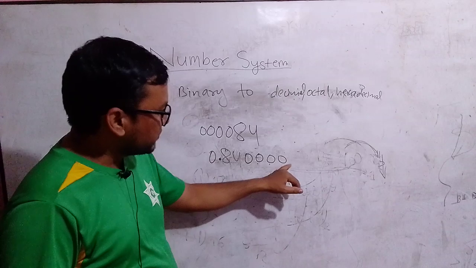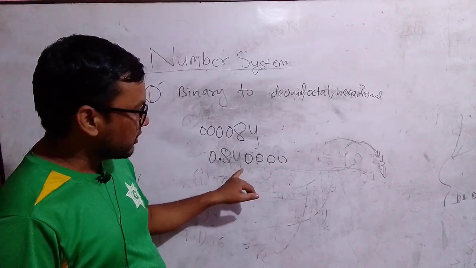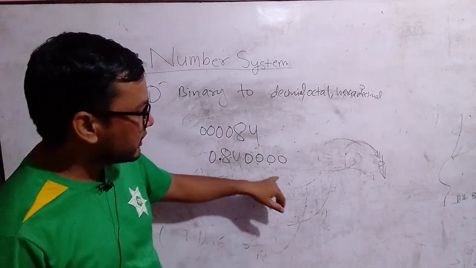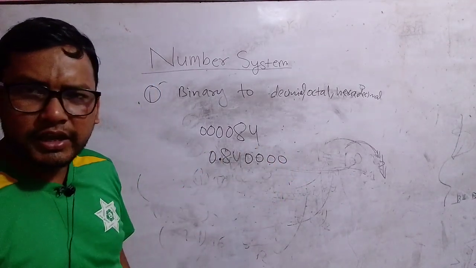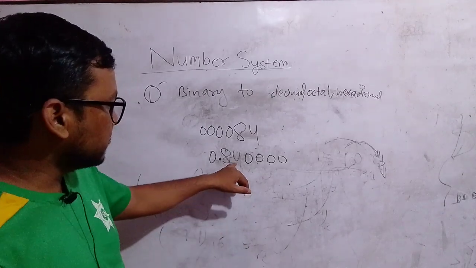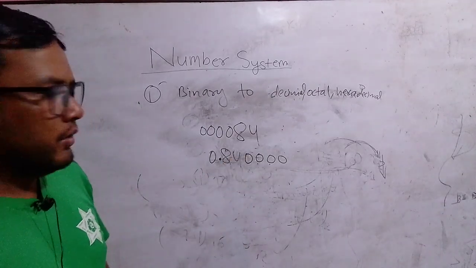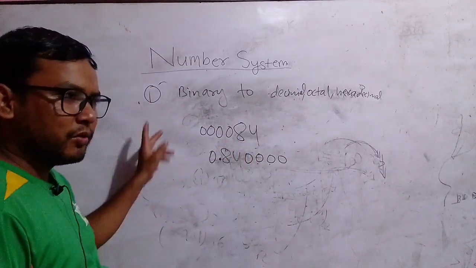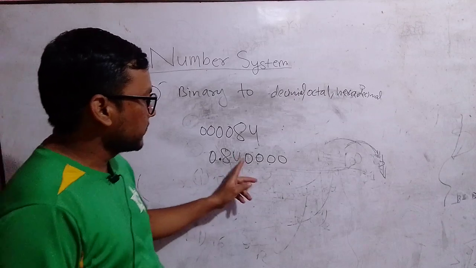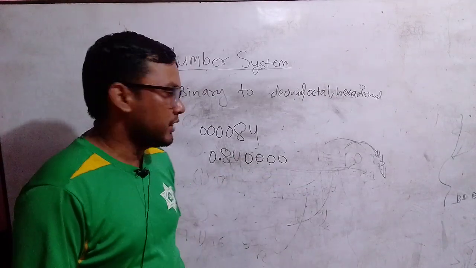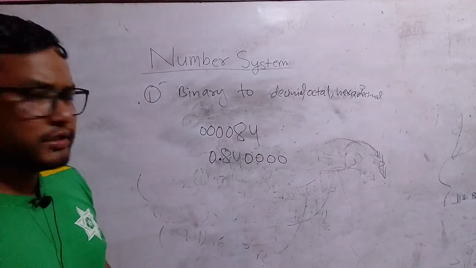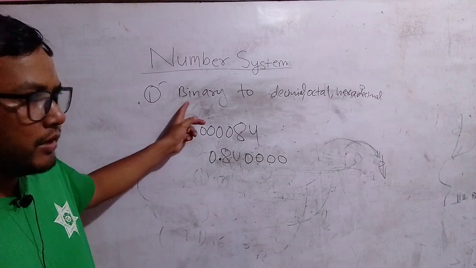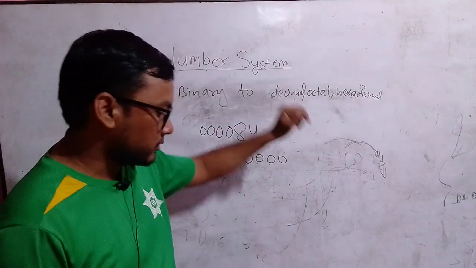If we add any number of 0s to the right hand side of the given number, the new number still represents the same quantity as previously represented. So for an integer number we can append any number of 0s to the left hand side, and for a fractional number we can append any number of 0s to the right hand side. Now we'll see where it applies later while converting this number to the other number systems.